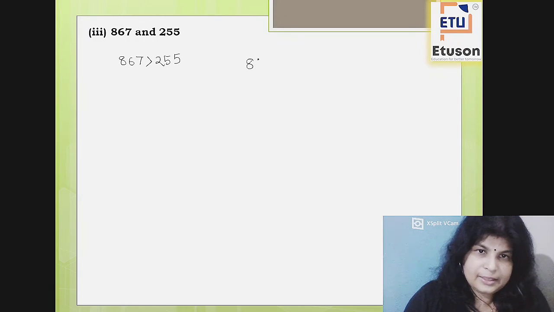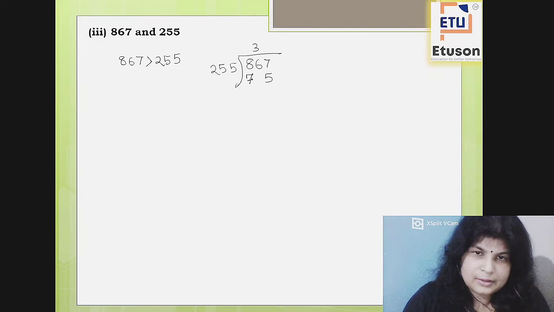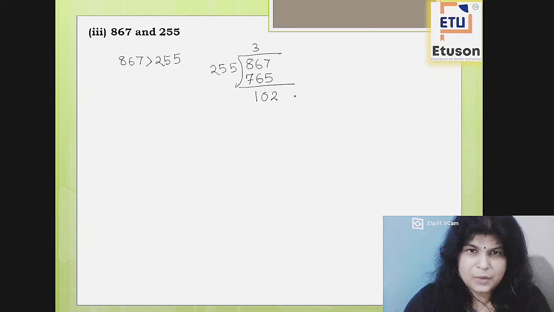So I will write 867, 255. So it becomes 3, 765. Correct. So 102 is the remainder, which is not equal to 0.